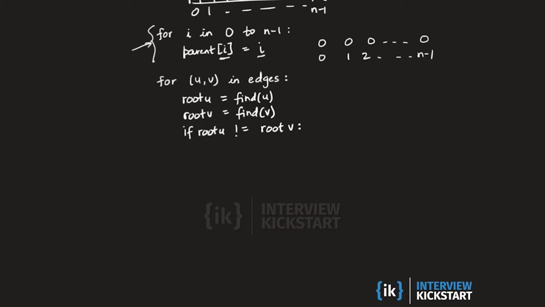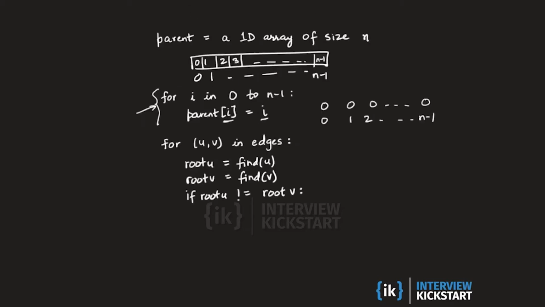is larger in size. So in addition to a parent array, we will also need another array for each vertex, let's call it size, which is also going to be a one-dimensional array of size n, and this is going to denote the size of the subtree that is rooted at that vertex.